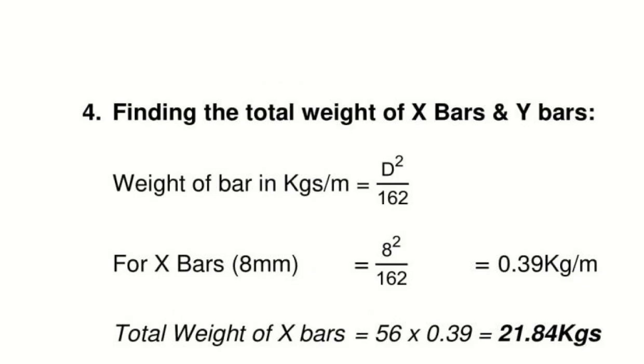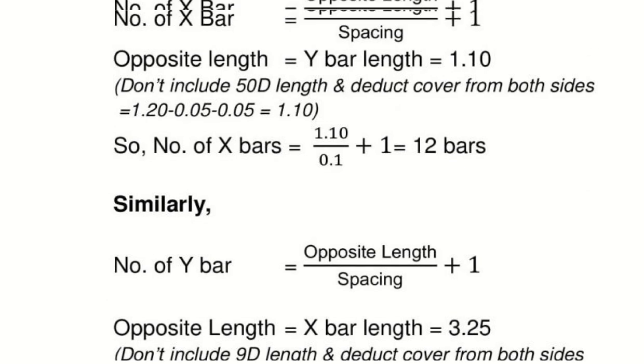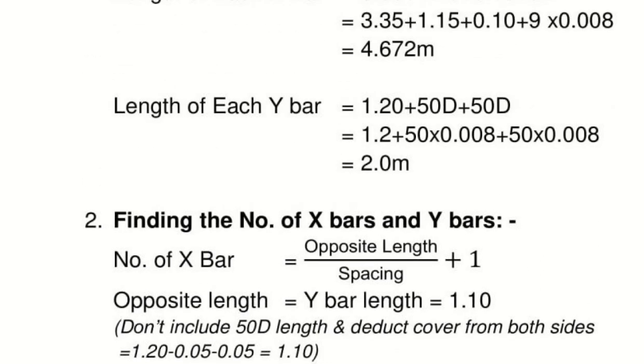Once you find out the length of each bar, multiply with the number, and since both of them are of the same dia, you can add them together. So I can do 4.672 multiplied by the number of bars.